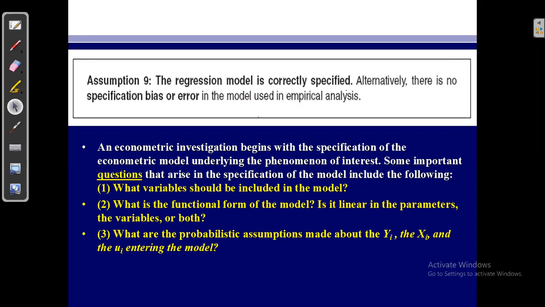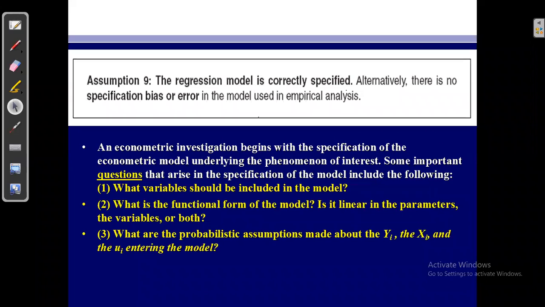For example, if you have considered a model with one x variable, maybe a model with two explanatory variables should have been taken rather than just one. Maybe you have included x in your model, but the correct specification required that you should have also included the square of x in your model.